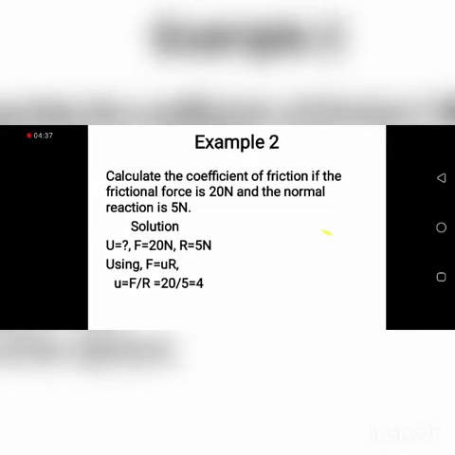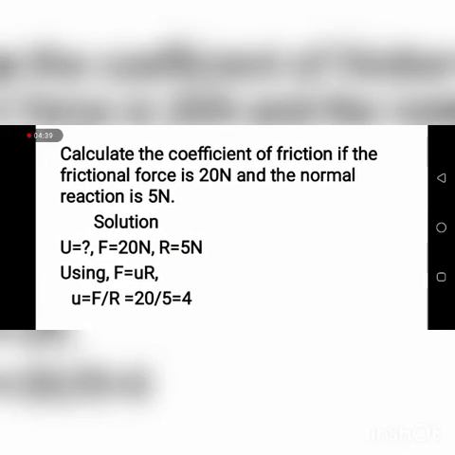Example 2. Calculate the coefficient of friction if the frictional force is 20 Newton and the normal reaction is 5 Newton. In this question, we have to calculate mu, the coefficient of friction, which is unknown. F, the frictional force, is 20 Newton, and R, the normal reaction, is 5 Newton.